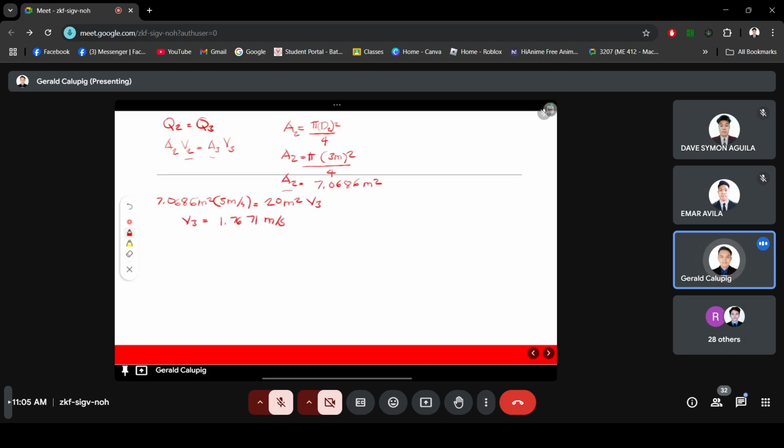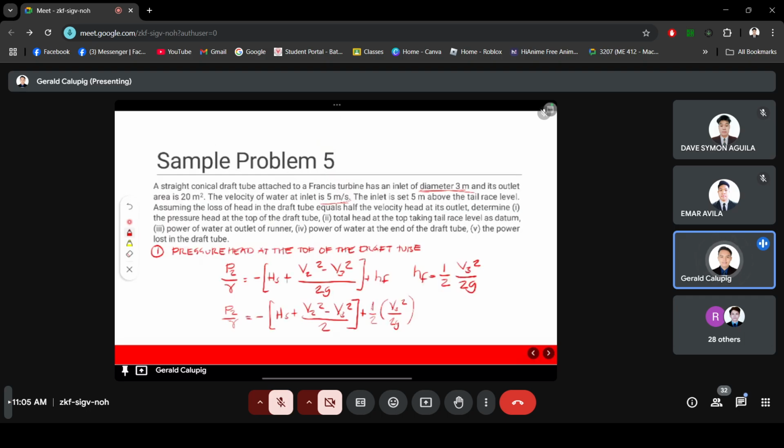So we can have P2 over the specific weight is equal to negative HS plus V2 squared minus V3 squared over 2G plus 1 half of V3 squared over 2G. Let's substitute the data. What is our HS? Our HS is 5 meters.